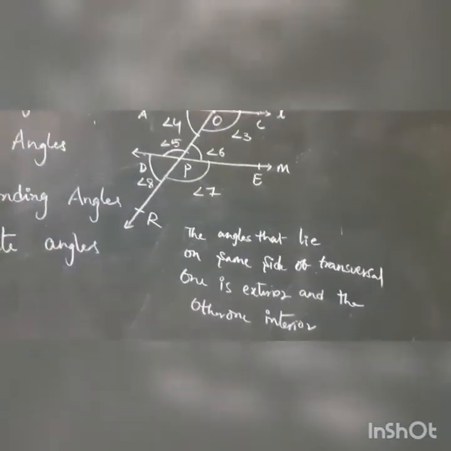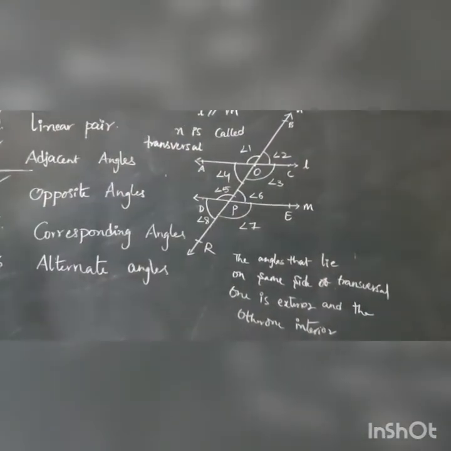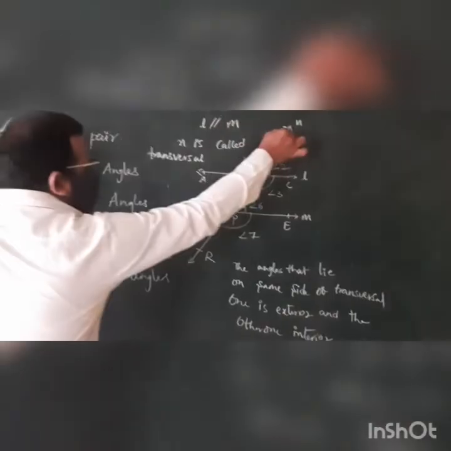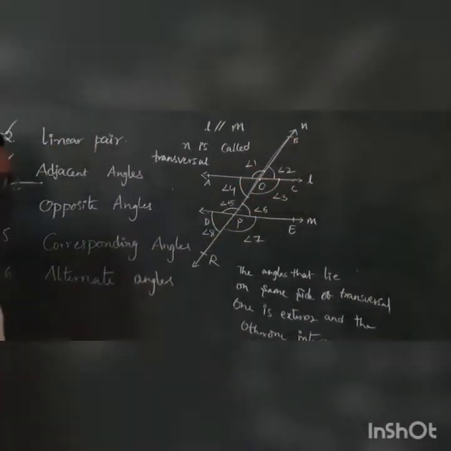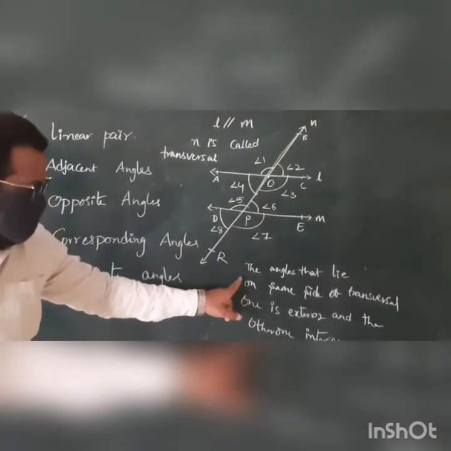So I will explain the definition once again. The angles that lie on the same side of the transversal. Here if you observe, N is a transversal in this, isn't it? The angles that lie on the same side of the transversal.